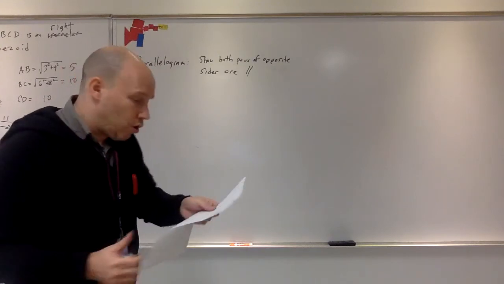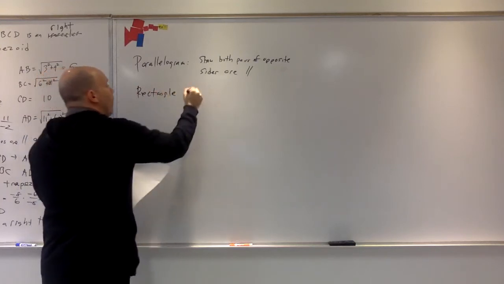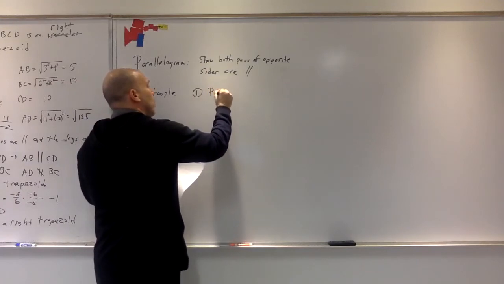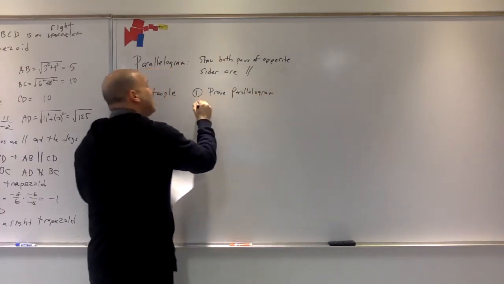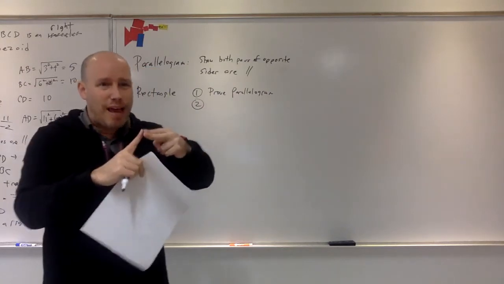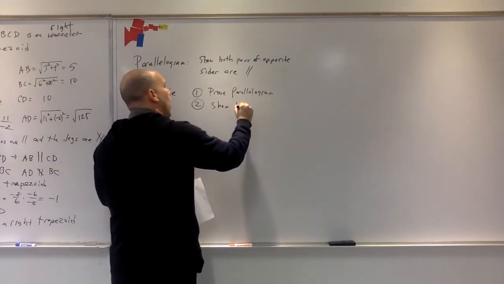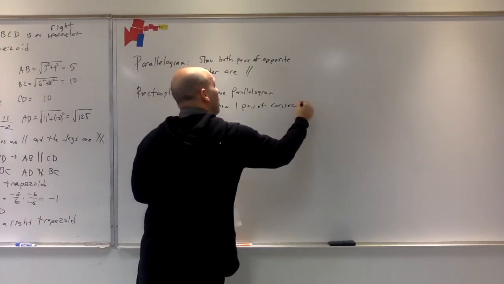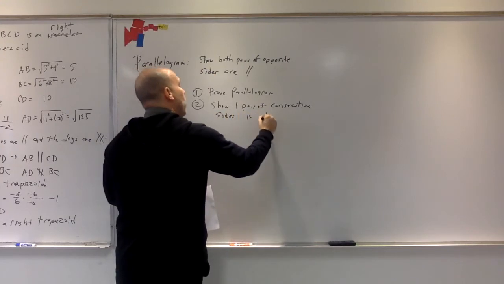What's the next thing I can ask you? I can ask you, prove something is a rectangle. Okay, well, first, you have to prove it's a parallelogram. And then second, you have to show one pair of consecutive sides is perpendicular.